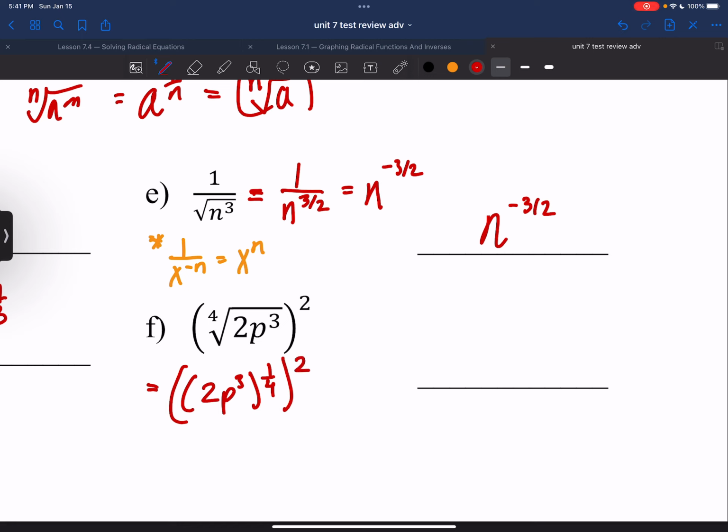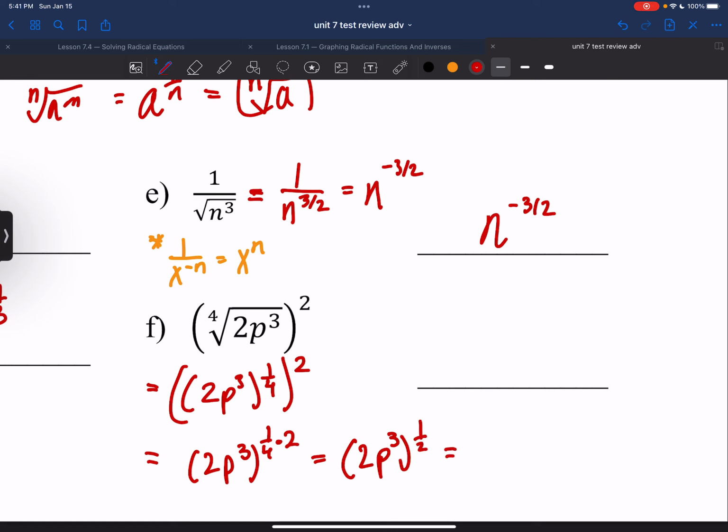So what I've done is I've rewritten the fourth root as a power of 1/4. I'll use properties of exponents when I raise a power to a power. This is the power rule for exponents. I'll leave my 2p cubed alone, but the 1/4 to the power of 2, that's going to be 1/4 times 2. So I'll say this is 2p cubed to the half.